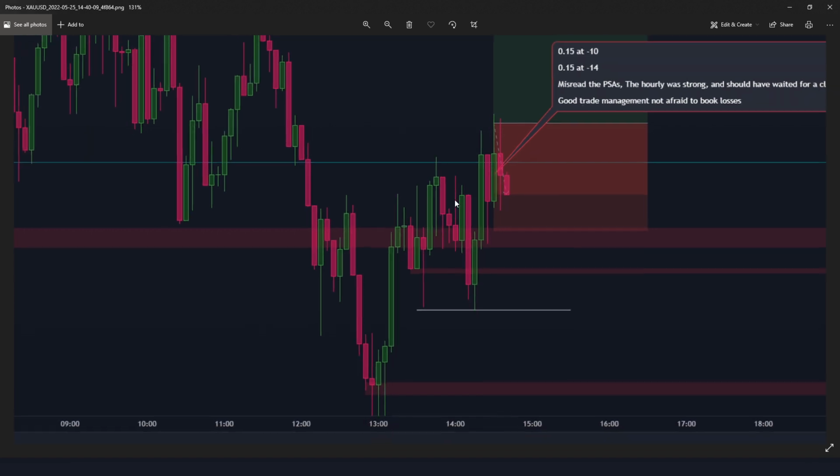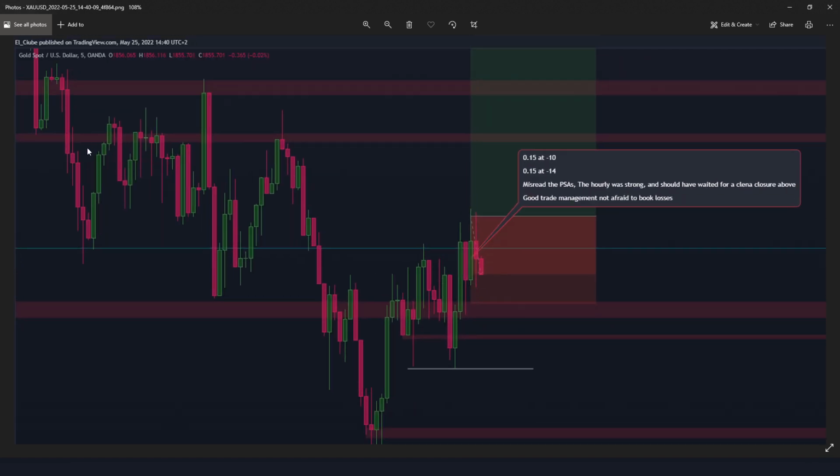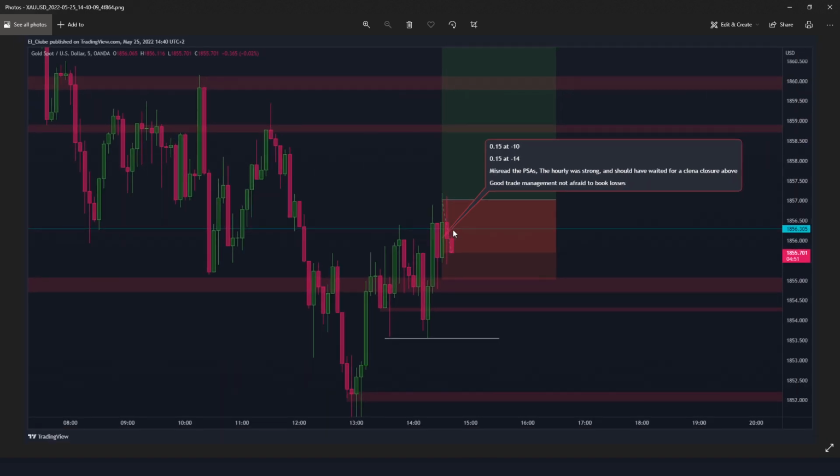As you can see, the price action is not clean. It's not like here, very clean. Like here, breaking below. It was quite messy, so it was probably necessary to wait for a clean candle closure, but at least I was not afraid to take a loss.